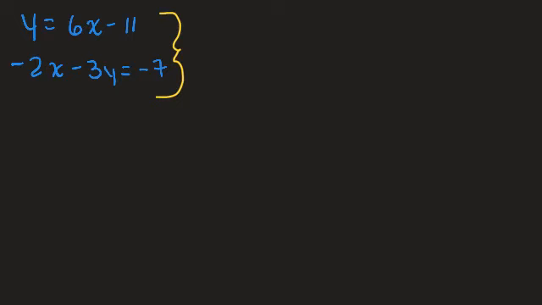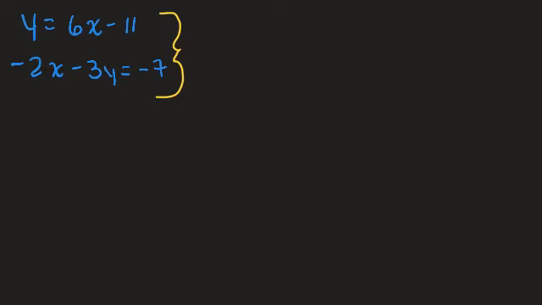The top one is in what we call slope-intercept form. Y equals mx plus b. In this case, y equals 6x minus 11, or plus a negative 11. So that's already in graphable form, but the other one's not. And so the graphing is not the best tool to use to solve this. We're introducing you to the second tool called substitution.